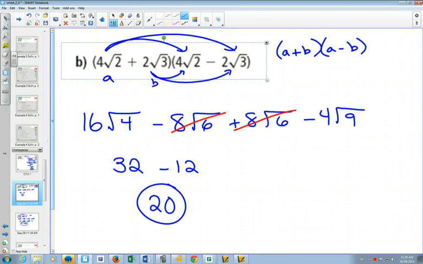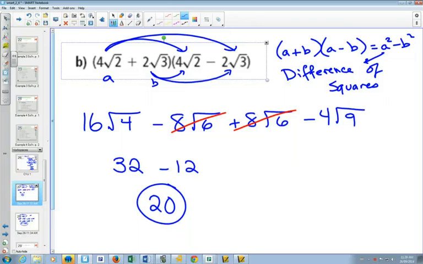Do you remember that from multiplying last year? What was that called? Because when you multiply it out, you get a squared minus b squared. Do you remember the name of that? Difference of squares. The answer, this a squared minus b squared, is called a difference of squares.